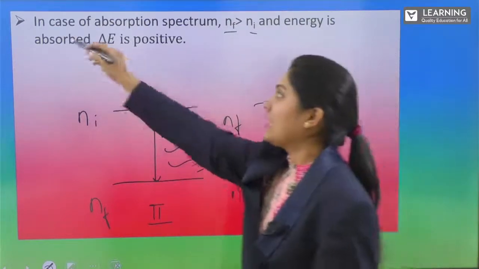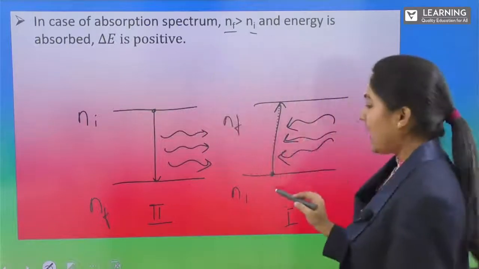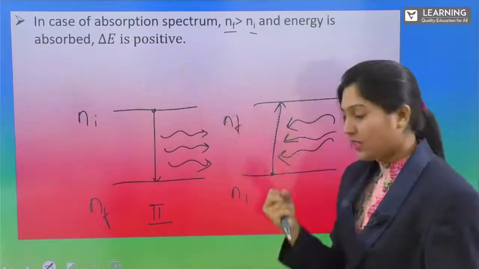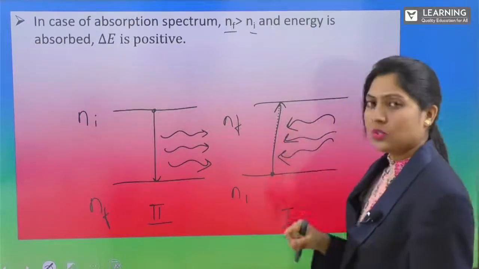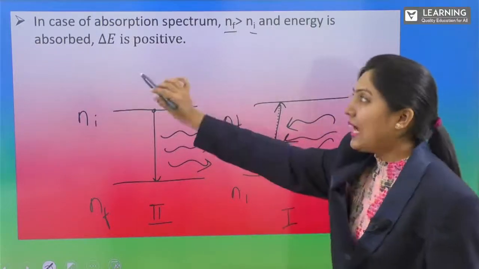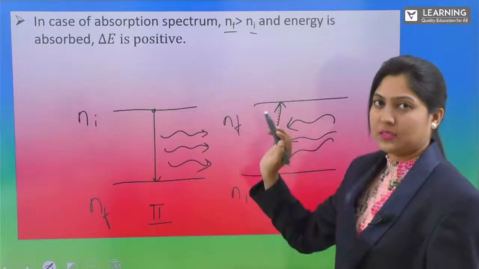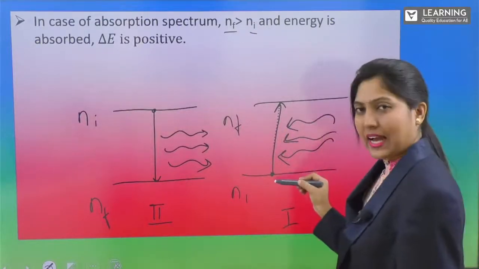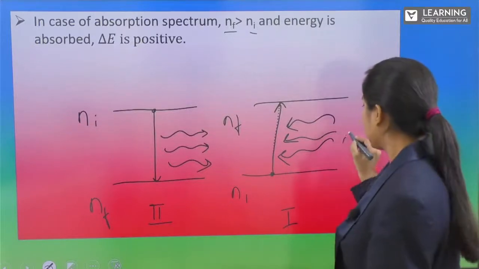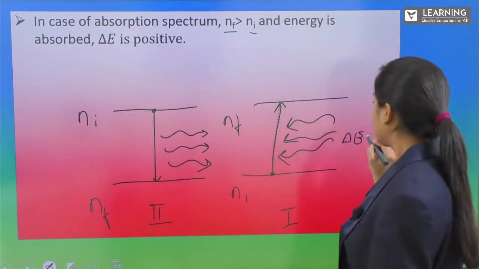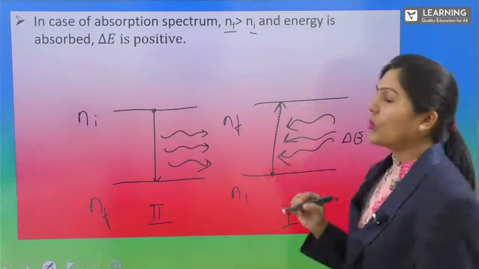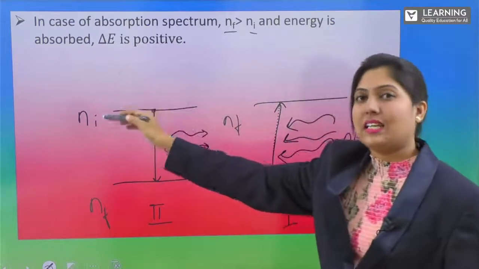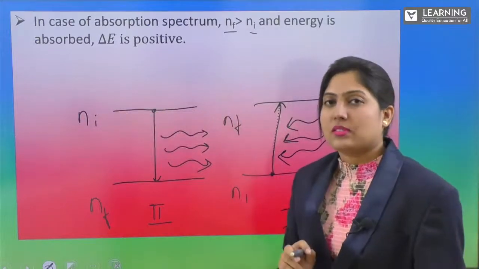I repeat, in absorption spectrum, NI should be lesser than NF and the energy is absorbed here. So, you can see energy will be absorbed by the electron and that delta E is positive. Why is it so? Because NF minus NI will give delta E, which will be positive. So, we can say if you have the absorption spectrum, delta E will be positive.